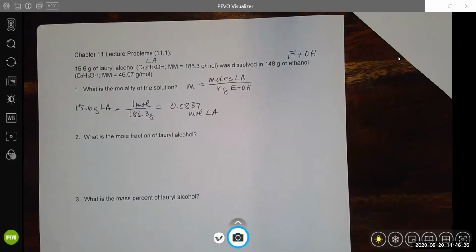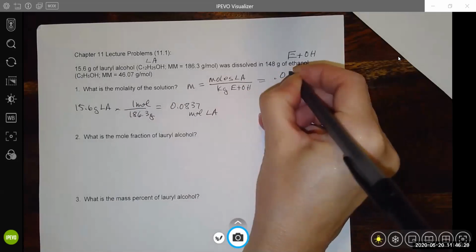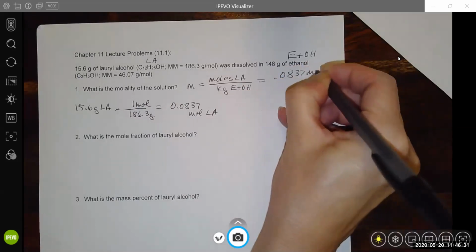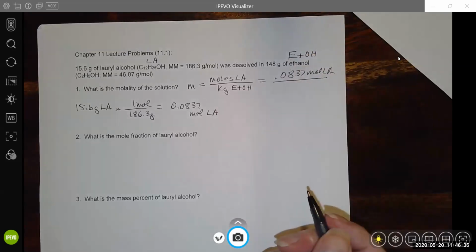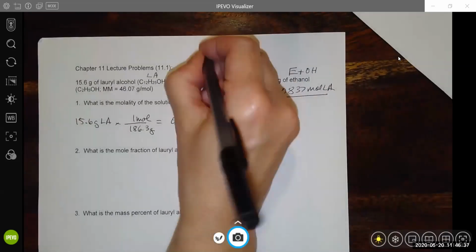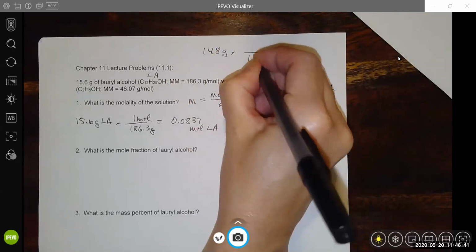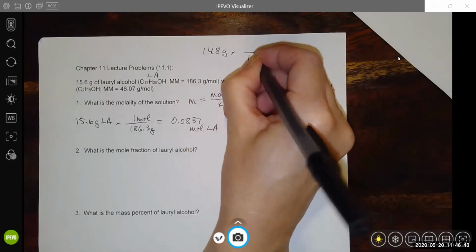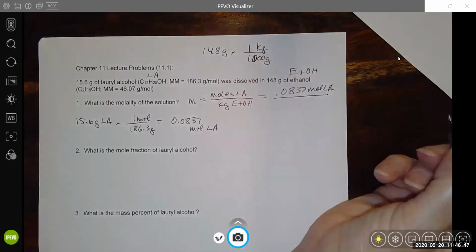And then we have the kilograms of ethanol. For kilograms here, you have to divide by 1,000. So 1,000 grams in 1 kilogram, like that.